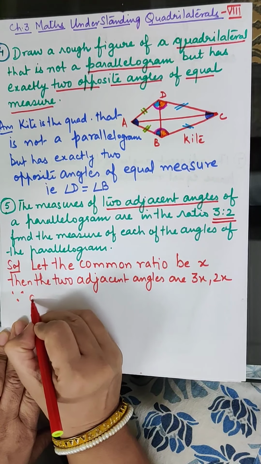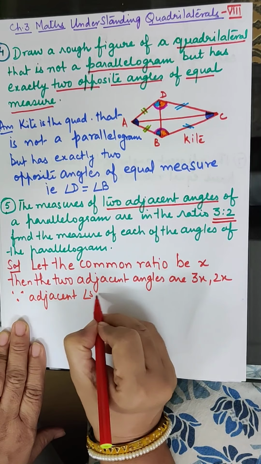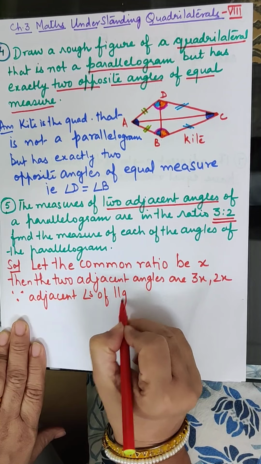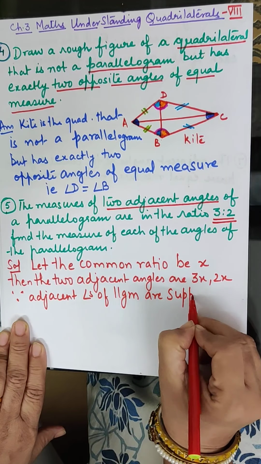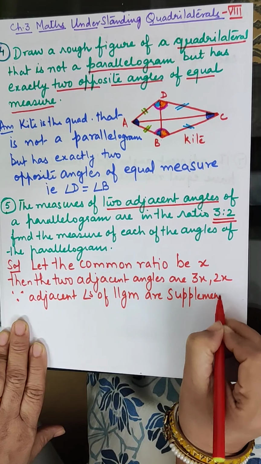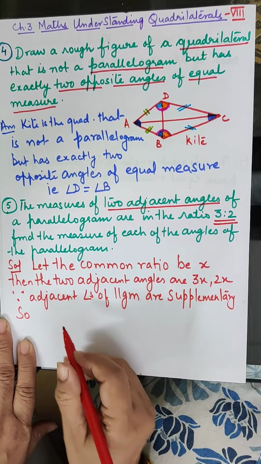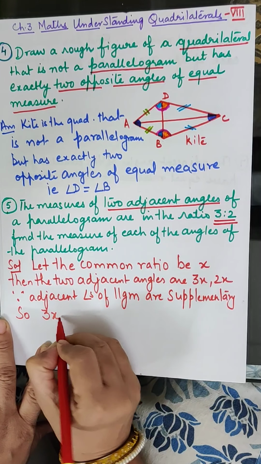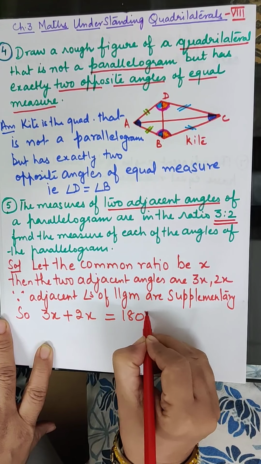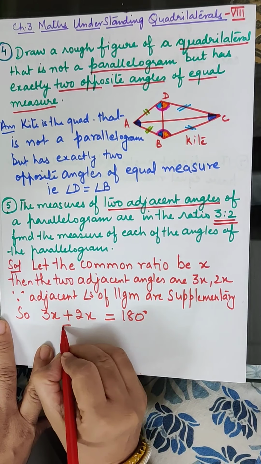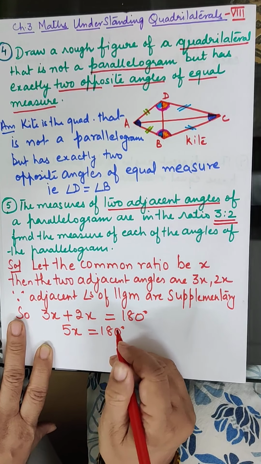Since adjacent angles of a parallelogram are supplementary, 3x plus 2x is equal to 180 degrees. Now 3x plus 2x is what? 5x is equal to 180 degrees.